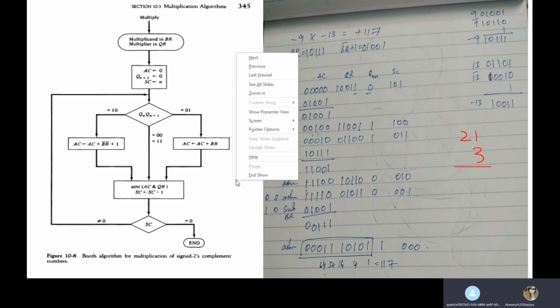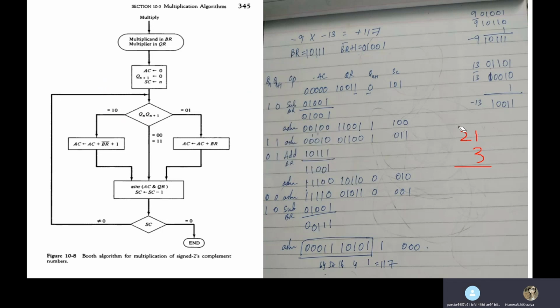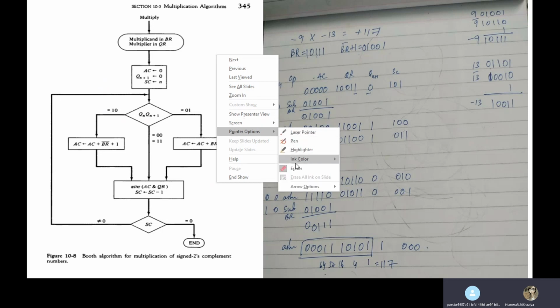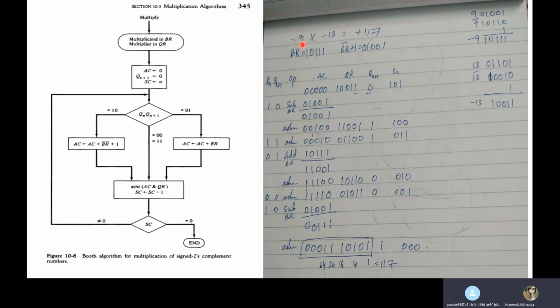Now, how do you represent negative numbers? Do you remember how we represent negative numbers? Negative numbers are represented using the 2's complement form.